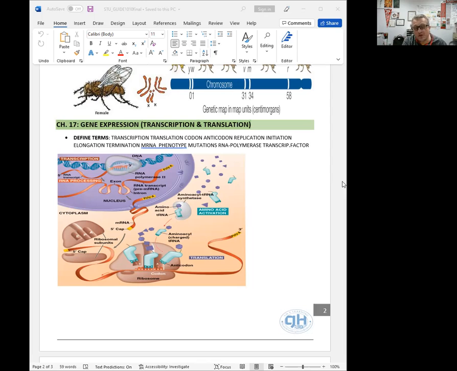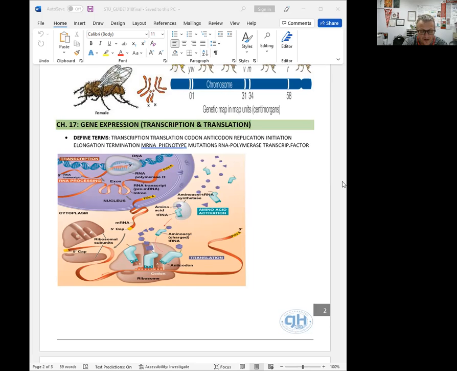So we go from genotype to phenotype. Genes specify proteins via transcription and translation. Transcription is the DNA-directed synthesis of RNA. Eukaryotic cells modify RNA after they transcribe it. Translation is the RNA-directed synthesis of a polypeptide.